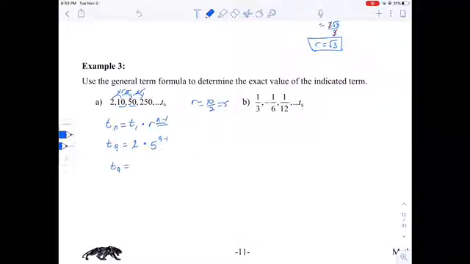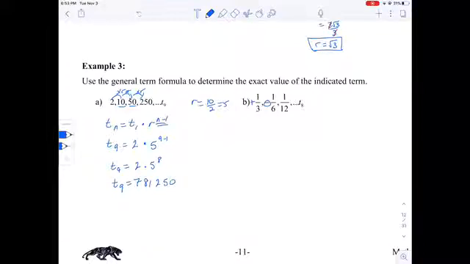So T9 is 2 times 5 to the power of 8, which I believe should be 781,250.